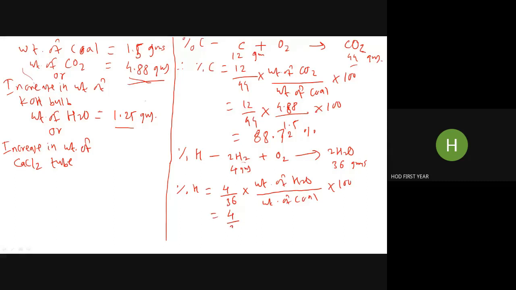So 4 by 36 into weight of H2 is given, it is 1.25 upon weight of coal is 1.5 into 100. (9.25%) बरोबर आहे का बघा.